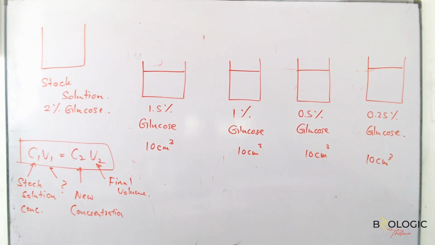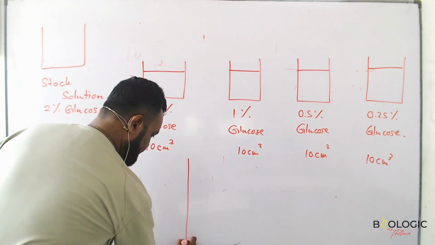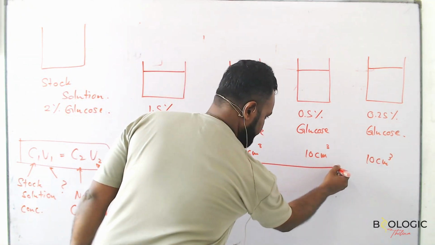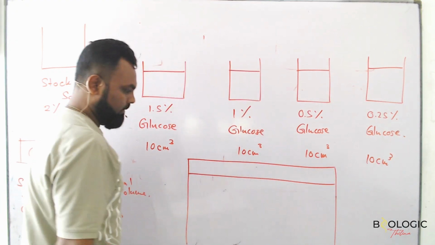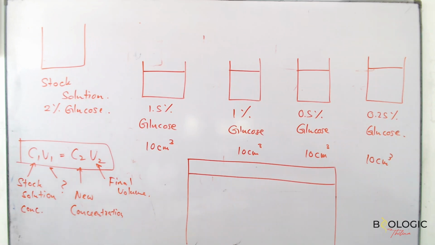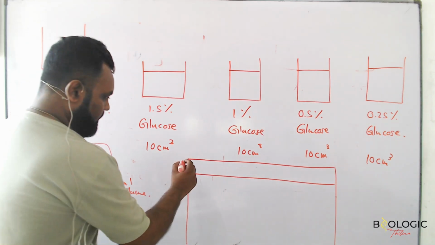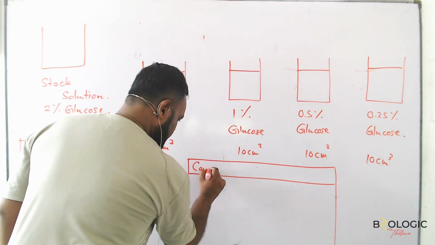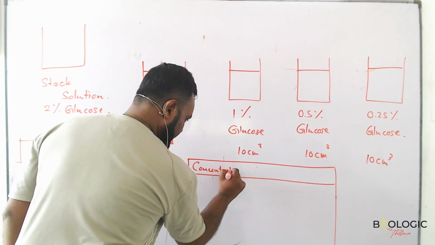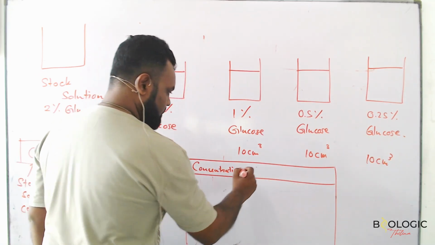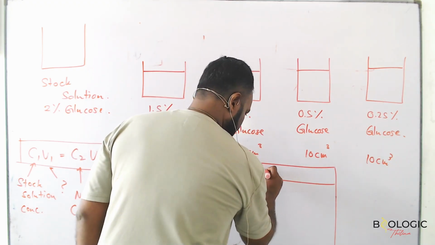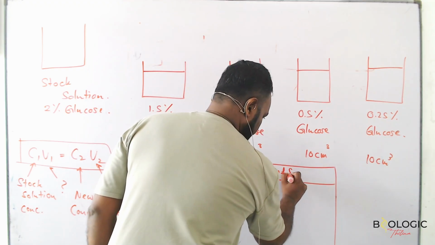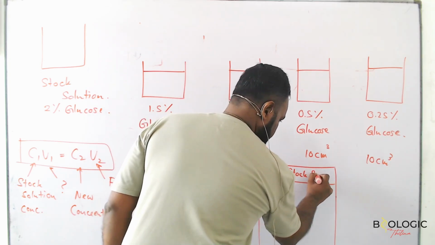Right? Now let's make a table here. Then it's easier. Otherwise, writing everything, no need. So make a table. Make a large table. First of all, concentration. Second one, volume of stock solution.